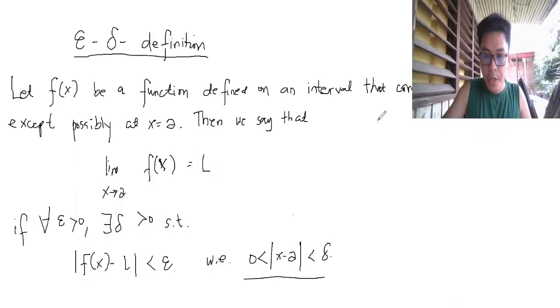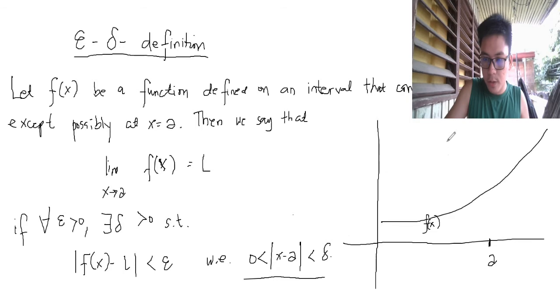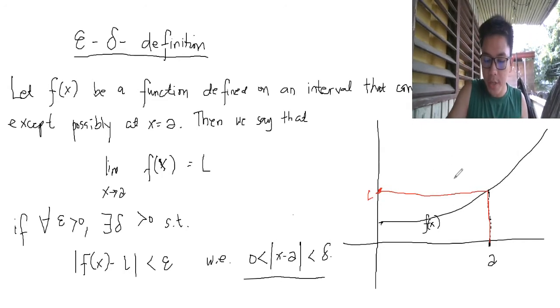Okay, so let's consider, for example, we have this graph. Suppose this is the graph of a function f of x. This is our a here. What does it say? It says that if our epsilon is greater than 0, then we can go to our graph and sketch two horizontal lines, corresponding to L plus epsilon and L minus epsilon.